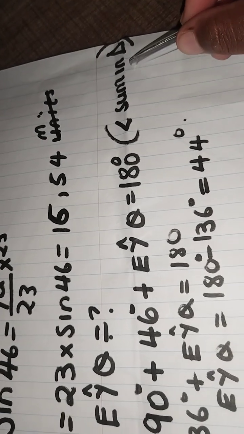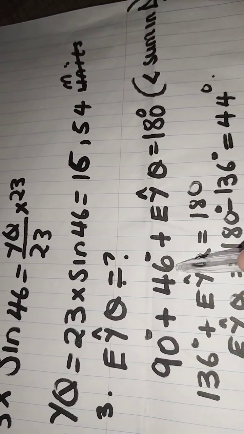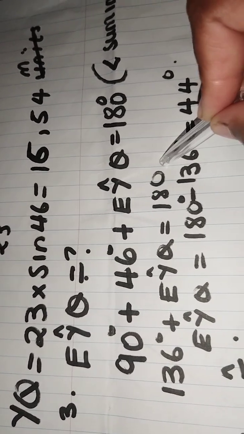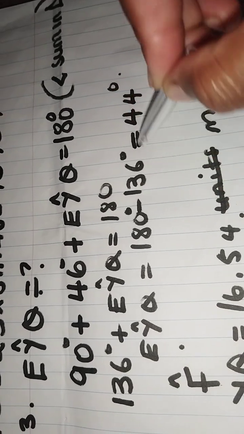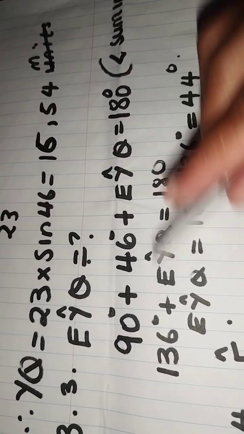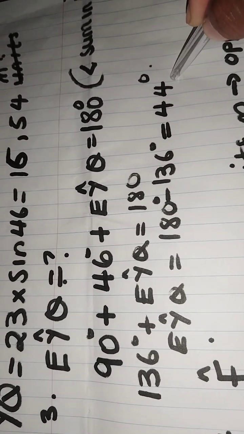Angle sum in triangle. Always make sure that you give the reason here. So 90 plus 46 is 136 plus EYQ is equals to 180. Taking this to the other side, it is 180 minus 136, which is equals to 44 degrees. So my angle EYQ is equals to 44.